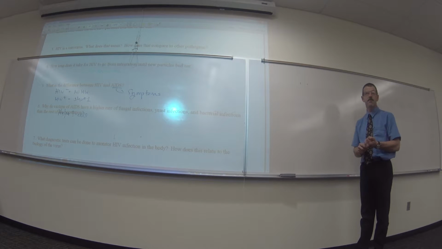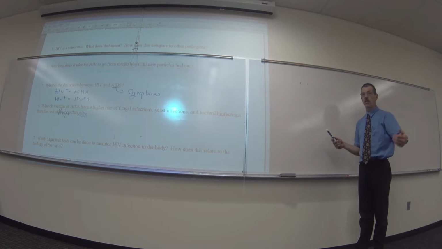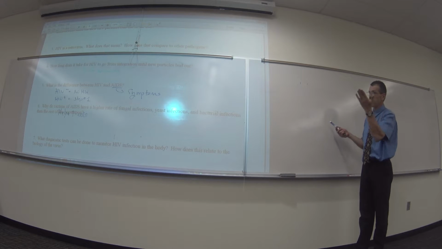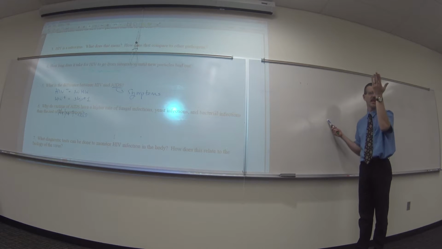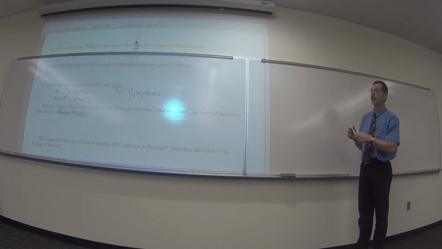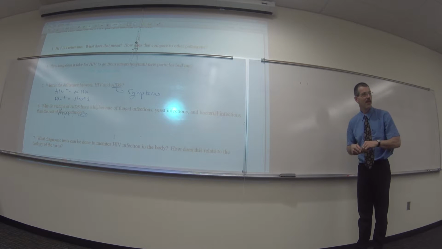Make sense? Is there a typical trajectory on how long it takes for symptoms to show, or is it different in everyone? It varies. If you average it out, it's within a year, but that's an average. Some people go their whole life, like Magic Johnson's claiming, self-reported, he doesn't have AIDS yet, and he got it, what, in the 80s? Didn't they just say there's no indication that he even has HIV?